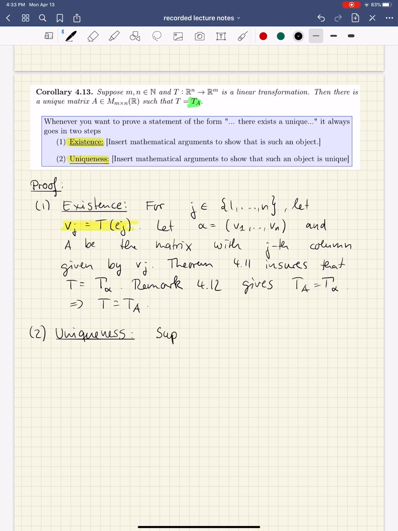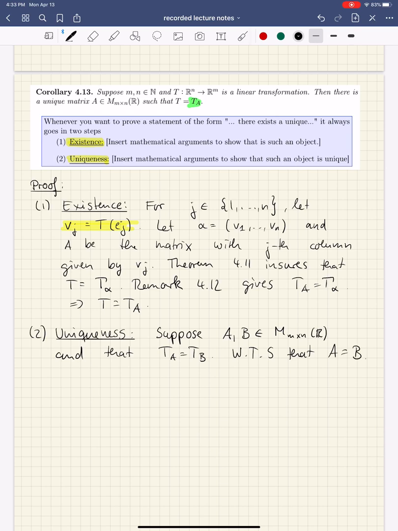So suppose A and B are matrices over R of size m times n, and that T_A is actually equal to T_B. Okay, and now we want to show A is actually equal to B.